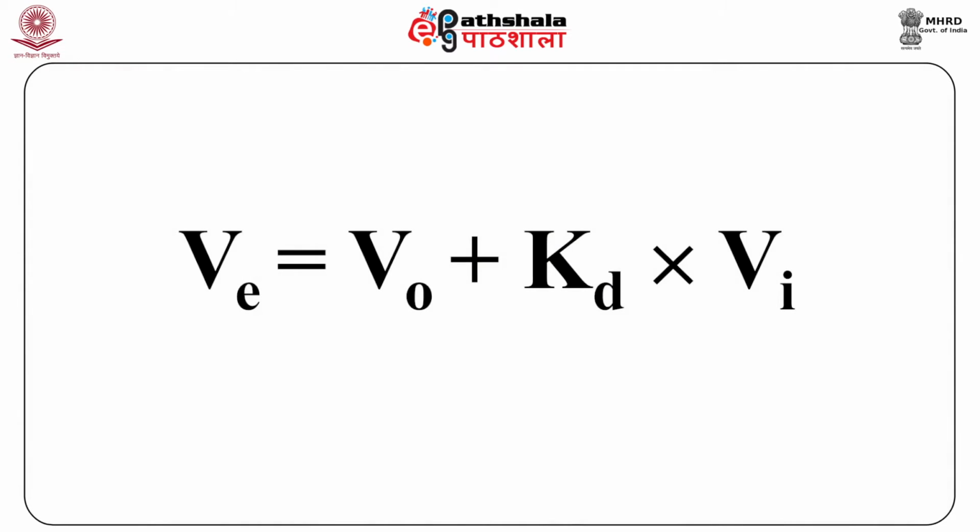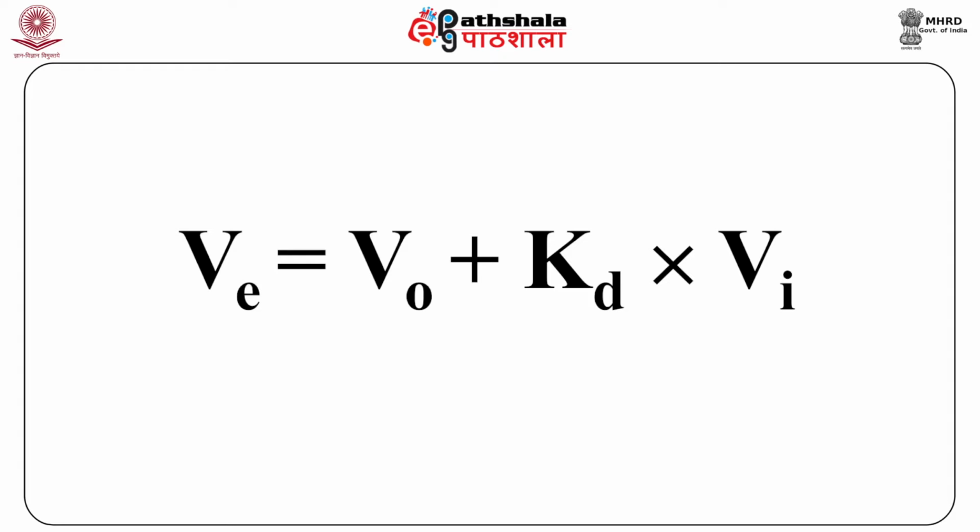The relationship of Kd with elution volume Ve is given as Ve = V0 + Kd Vi. Here students, Ve is the elution volume and represents volume of the mobile phase required to elute the compound from the column. V0, students, is the void volume or the volume of the mobile phase outside the gel particles.